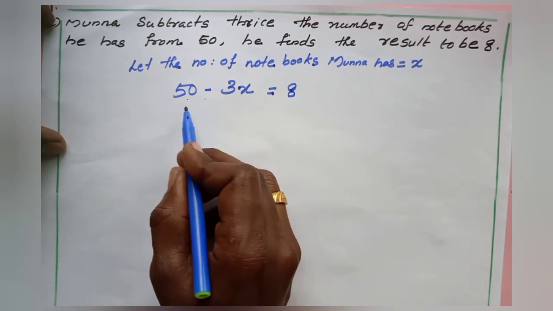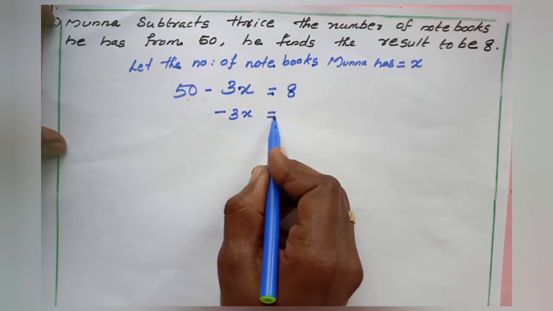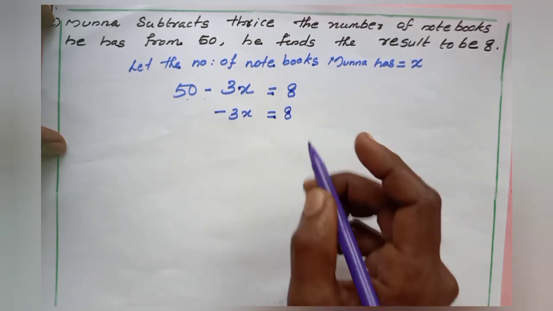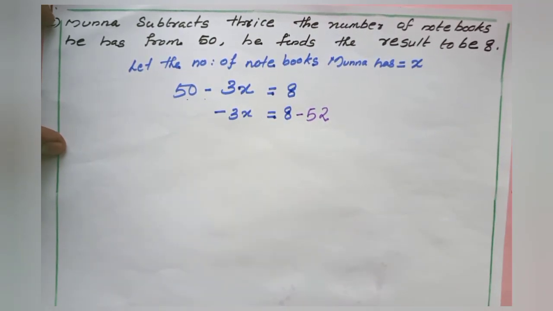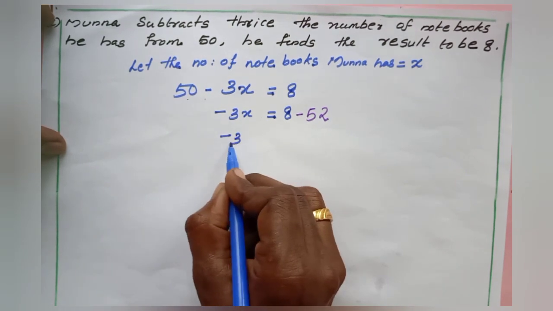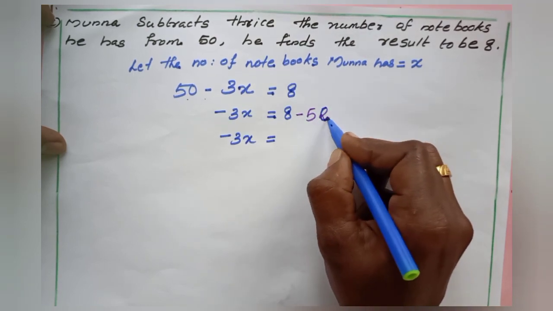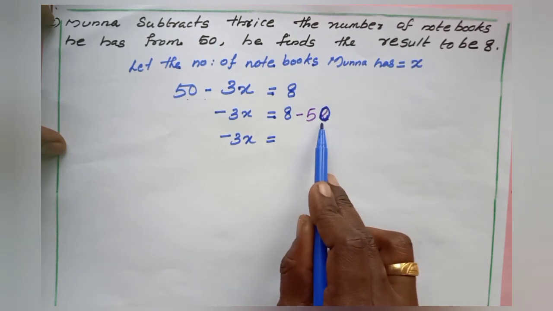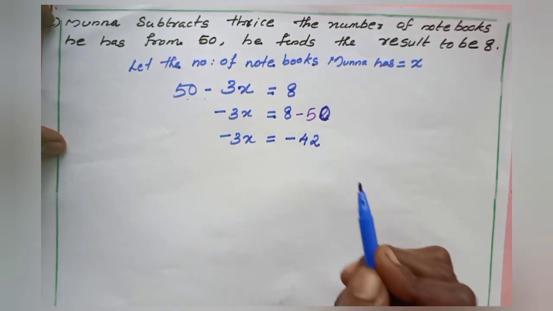Then on transposing 50 to the right side, we get minus 3x equal to 8 minus 50, the positive 50 changing into minus 50. Doing the right side calculation, 8 minus 50 gives minus 42.